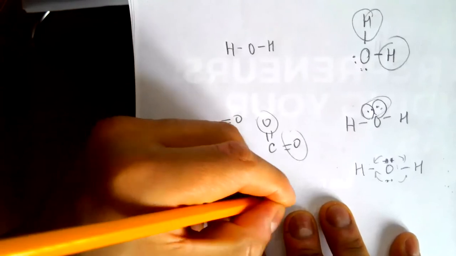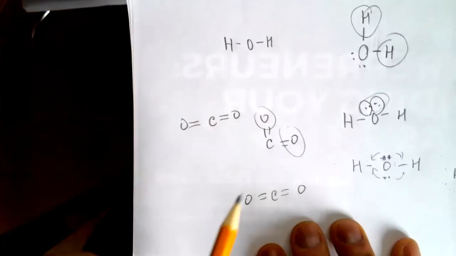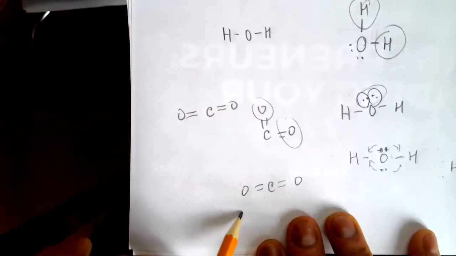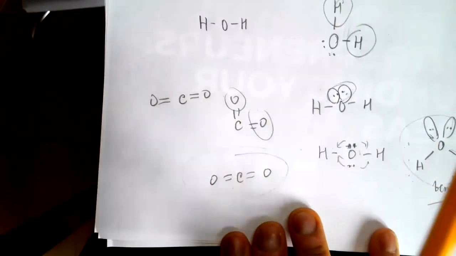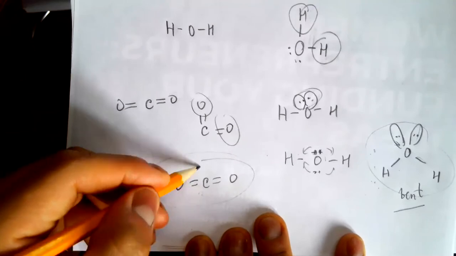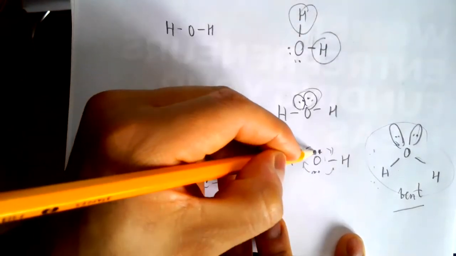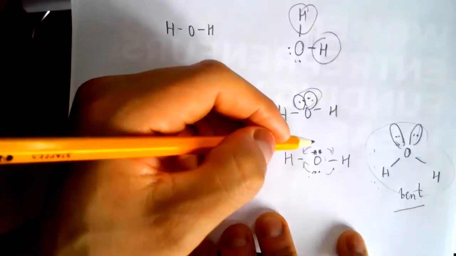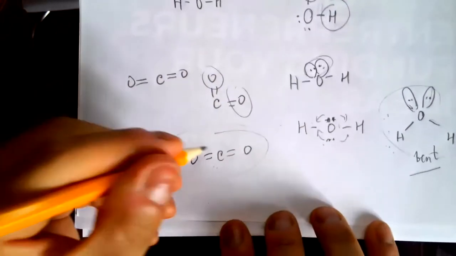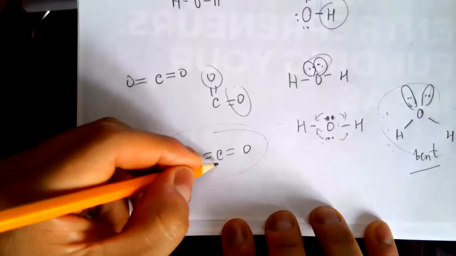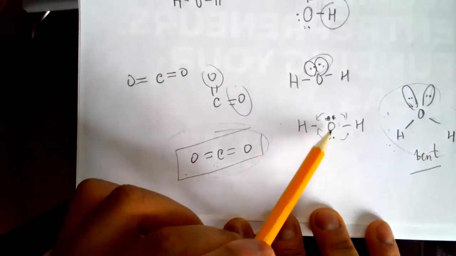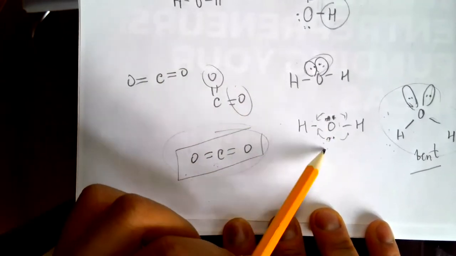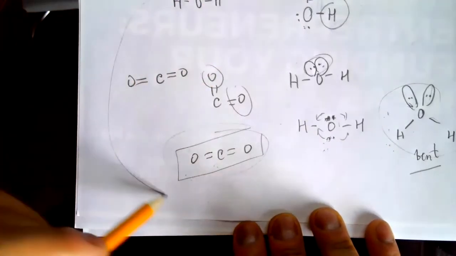So the best way I can maximize the spreading is by putting them linear. Oh, but how come you did linear here and you didn't do linear in water? Because carbon doesn't have lone pairs. Oxygen has lone pairs. So those lone pairs, they create bending. Absence of lone pairs will give you expected geometries. Lone pairs distort the expected geometry.